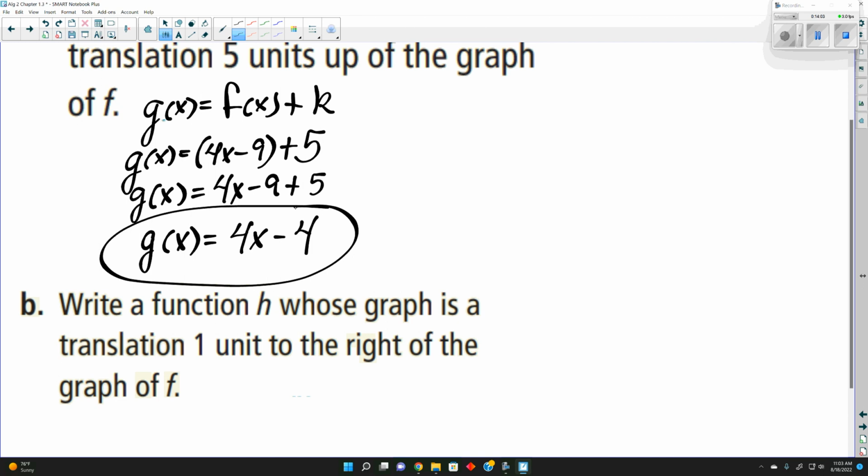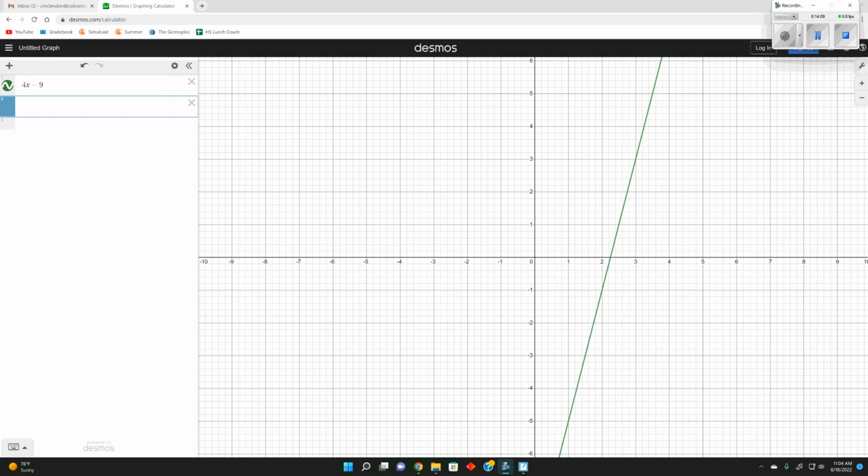Questions on this here? So this right here is the graph of 4x minus 9. Now the movement we did is we moved the entire graph up 5 units, yes? And the equation that we got is 4x minus 4.